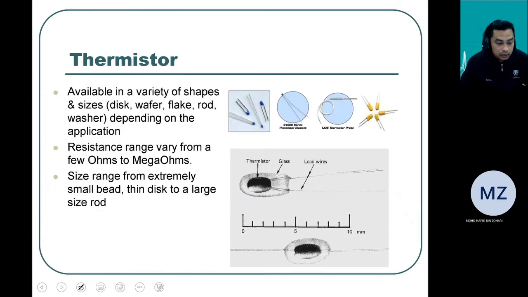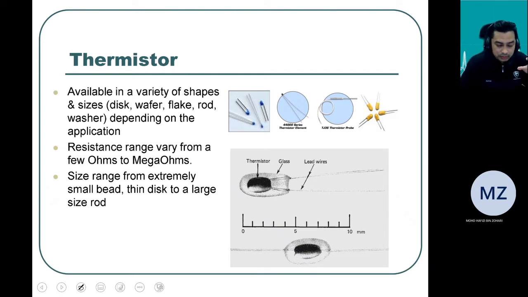Okay, so this is the construction of the thermistor. Something like this. It's very small. If you want to look at the physical thermistor, just Google it and you can find a lot of pictures. The same with the RTD. If you want to see how it looks, just Google and it will show you images of the RTD and thermistor.